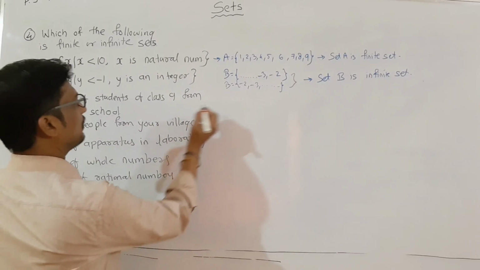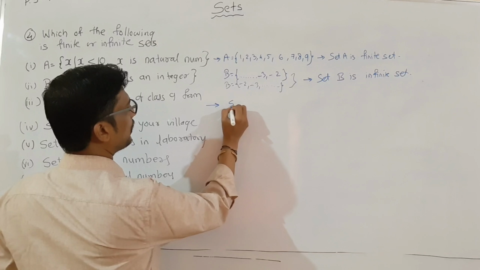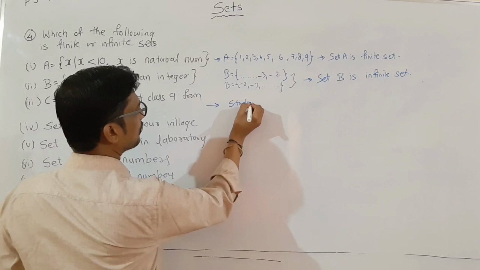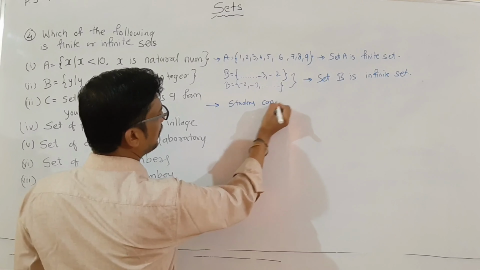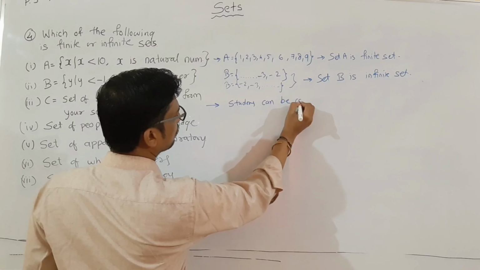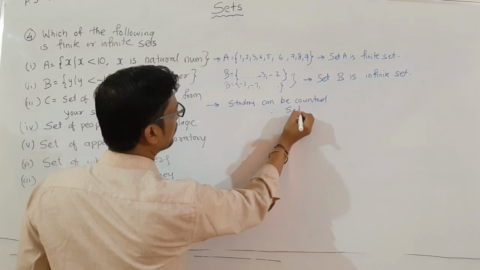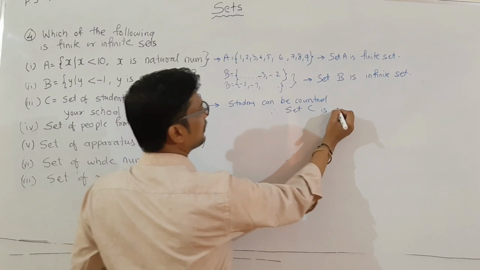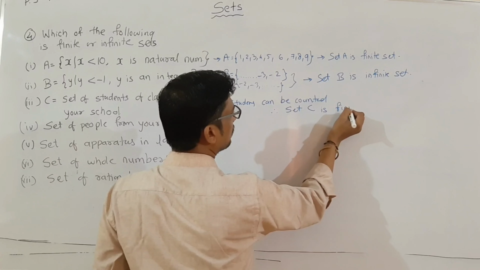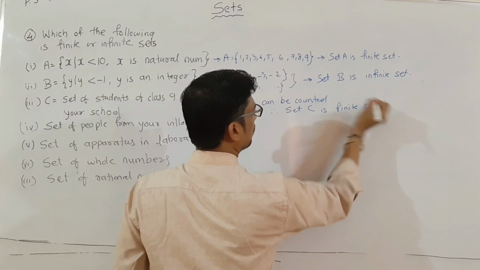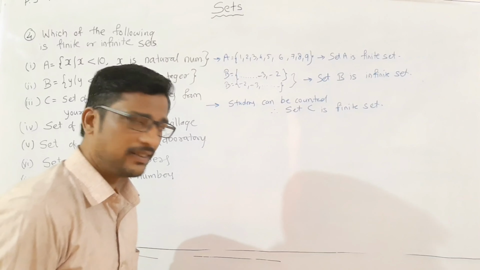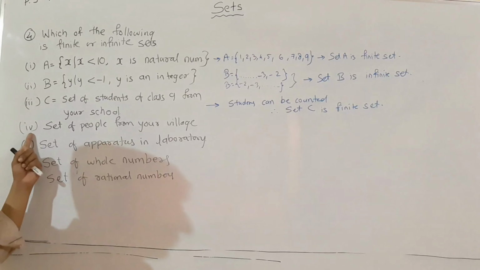So, here I will write students can be counted. Therefore, set C is a finite set. Now here, fourth one.